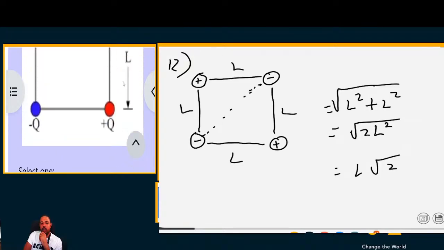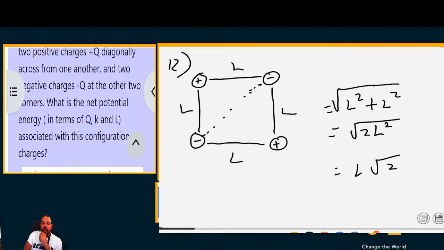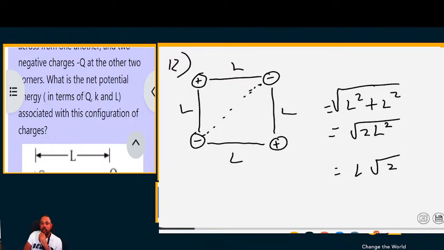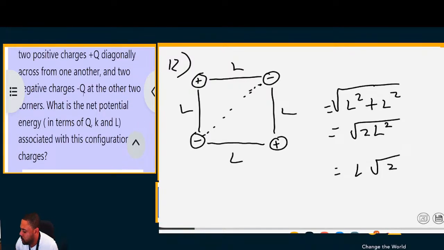So we've drawn the situation. They want the net potential energy. Now, what is electric potential energy? How do we calculate it? It's relatively easy.